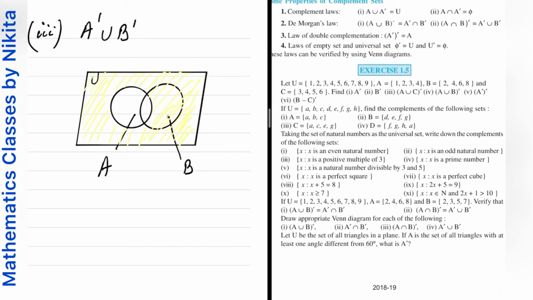Now B complement. B complement means you have to leave the elements of B and take all other elements, but since we are taking the union, हम union ले रहे हैं तो ये सारे elements भी आ जाएंगे which I have shaded.